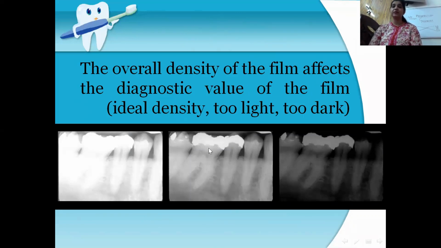In between the two is the accurate density, where more shades of gray are seen and the contrast is also good. It is neither too dark nor too light. So the middle one is the ideal.